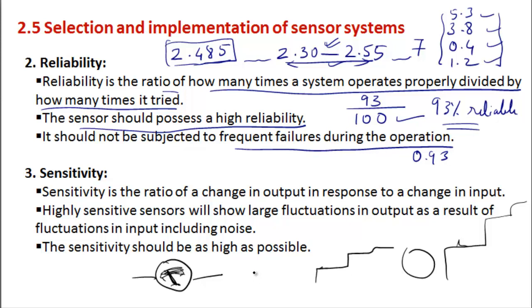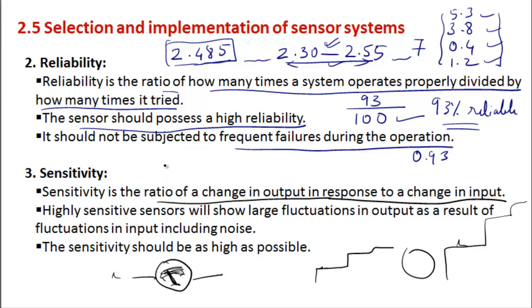They move at the very slightest input, very slight input, they will have a change in the output. So mathematically it is calculated as the ratio of the change in output in response to change in the input. So based on how much the output changes, you can decide how much the sensitivity is.